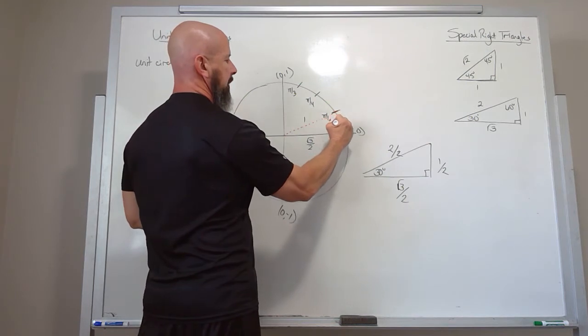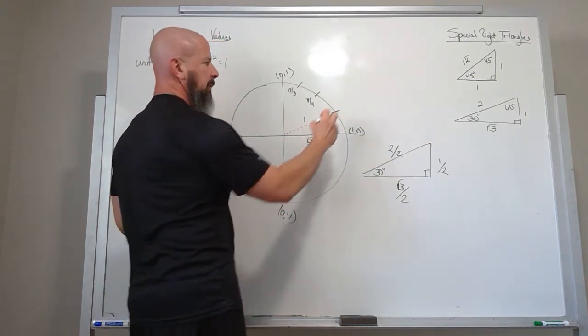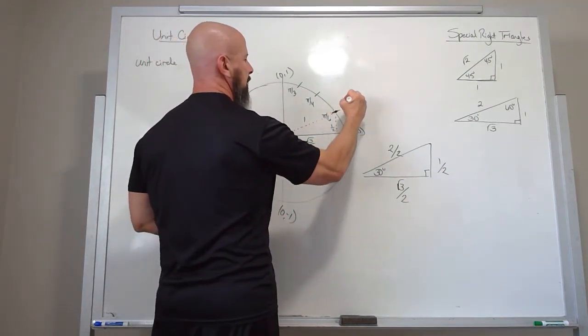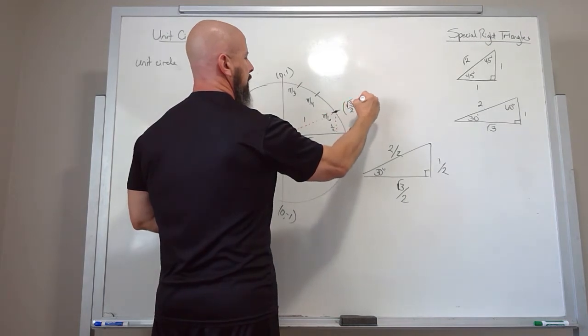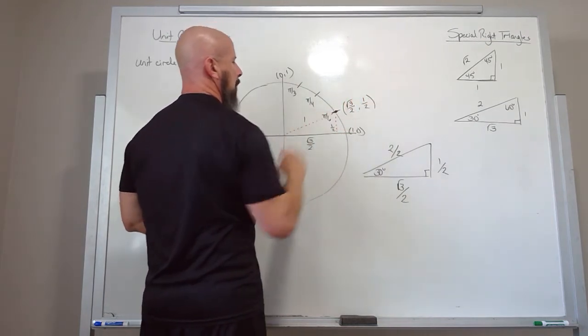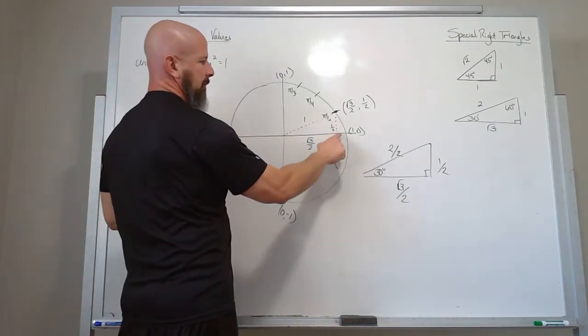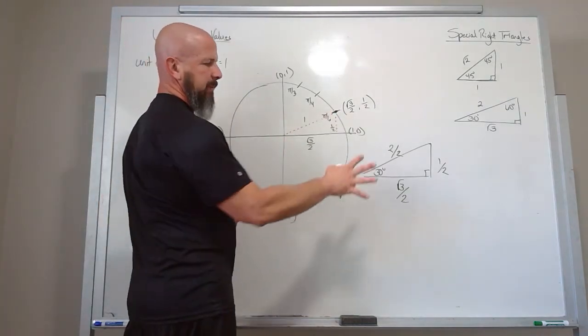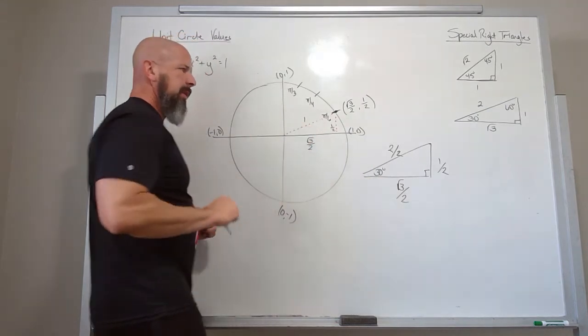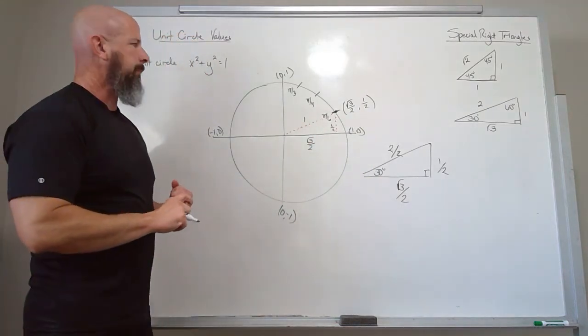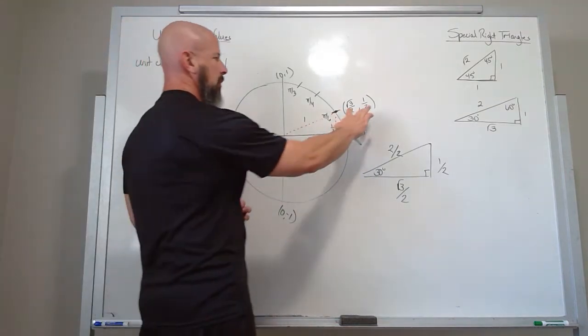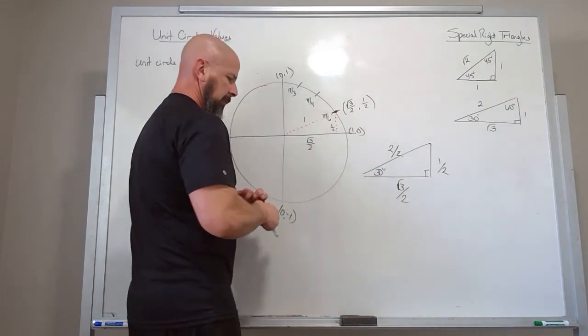And then this part up here would be a half. That makes this ordered pair root 3 over 2, 1/2. Right, so that point would be going right root 3 over 2, up 1/2. So I've scaled this triangle down to fit into my unit circle. That's where I get this ordered pair value for my unit circle.